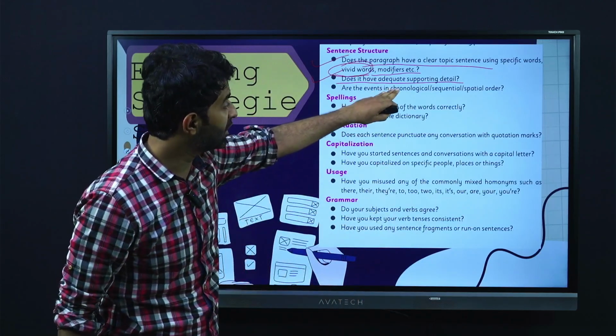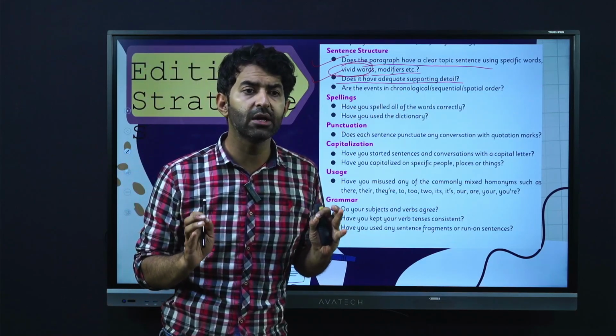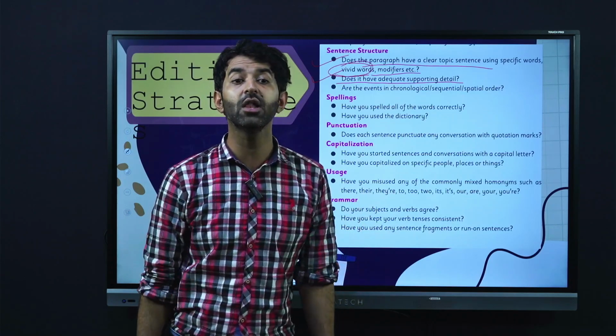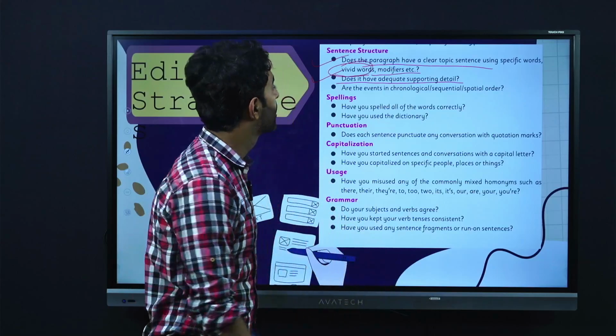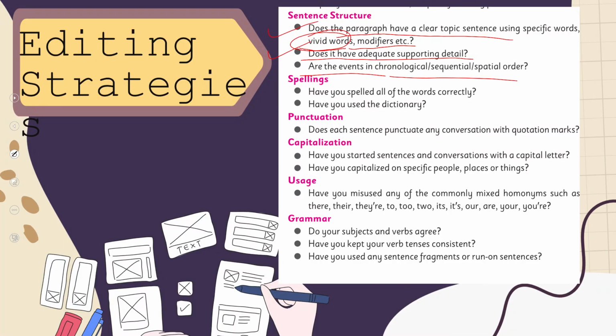So you will see whether my paragraph has enough supporting details or not. Am I missing out any detail? If yes, then I will write it again. Are the events in chronological order? Are we following the correct order of writing our answer or any kind of written task?